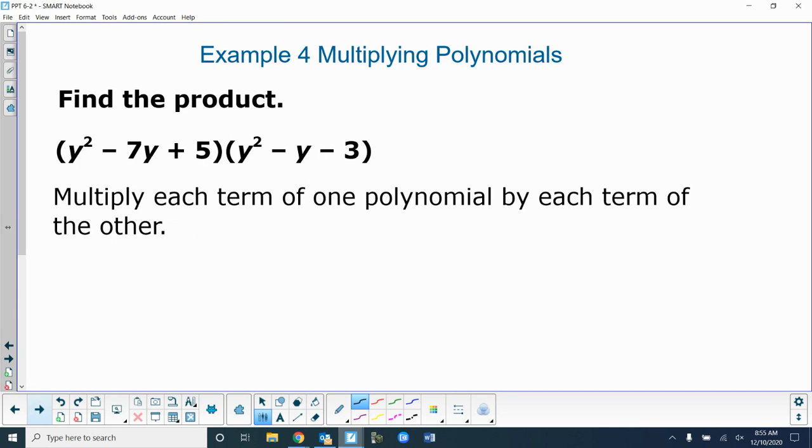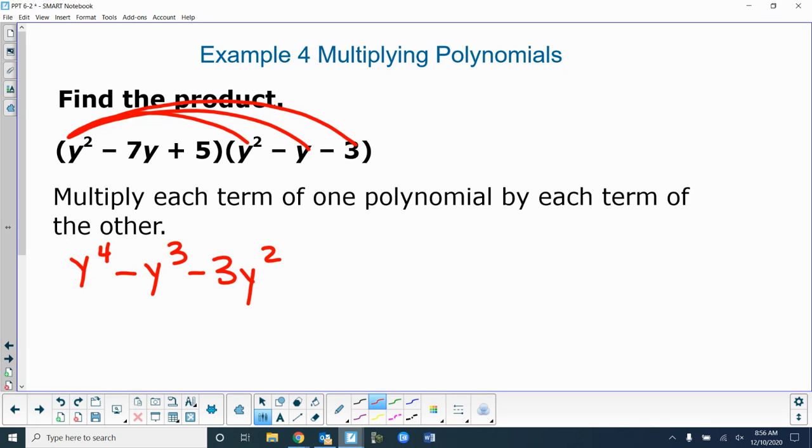All right. Coli. Ceiling, let's go. Y to the fourth. Y to the third, minus y to the third. Minus 3y squared. It would be negative 7y to the third.